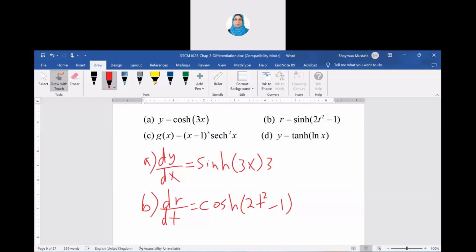Now multiply by the derivative of 2t squared minus 1. The derivative of 2t squared is 4t. The derivative of the constant is 0. So we just multiply by 4t: 4t multiplied by cosh of 2t squared minus 1.